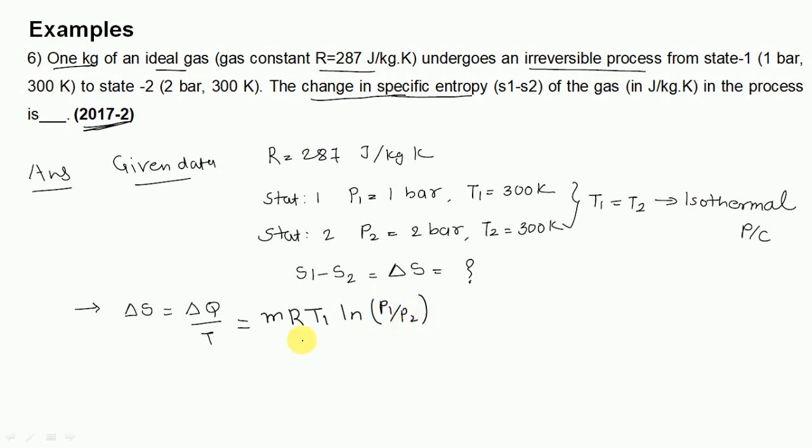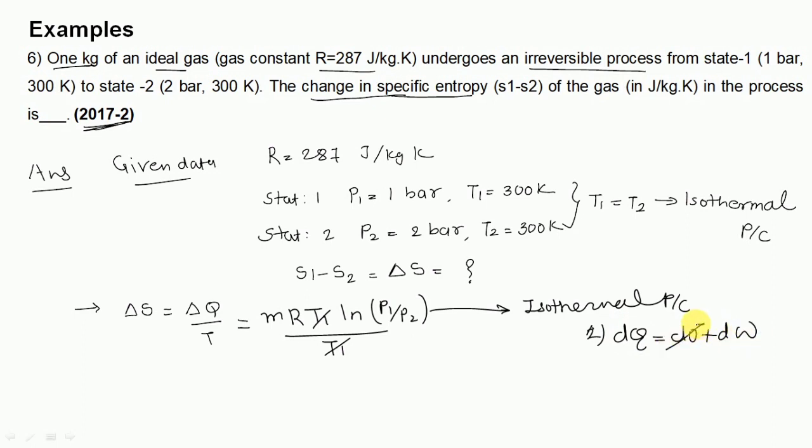This is the equation for isothermal process. In this the temperature is T1. How does it come? From the previous slide, isothermal process. Remember this thing: in isothermal process, heat transfer, second equation, dQ is equal to dU plus dW. Therefore, for isothermal process this value is 0, and that's why dQ is equal to dW, and this equation comes: mRT ln T1 by T2.